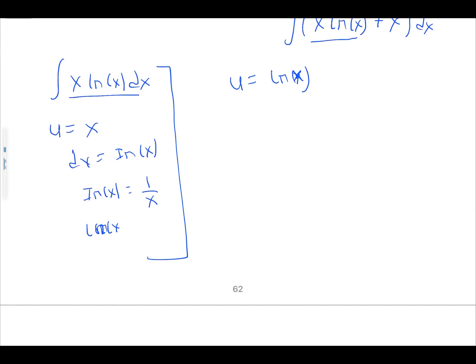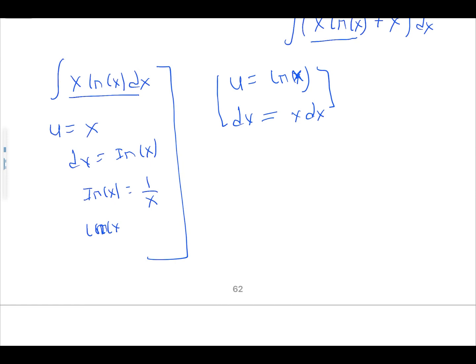Therefore we can say that ln x is easy to differentiate, and dv, which is equal to x dx, will be easy to integrate. This choice will help us come out with whatever we want.